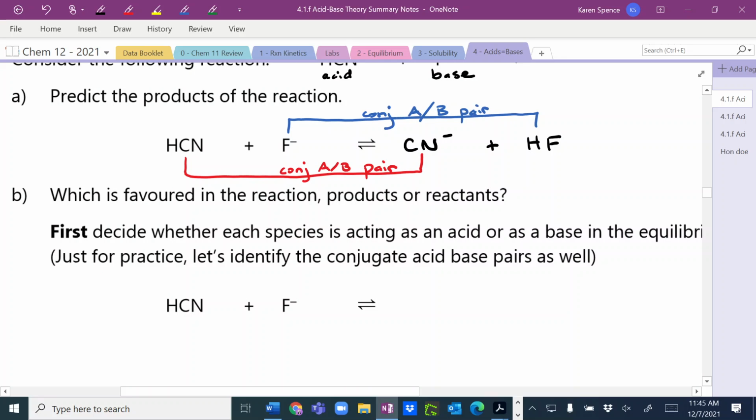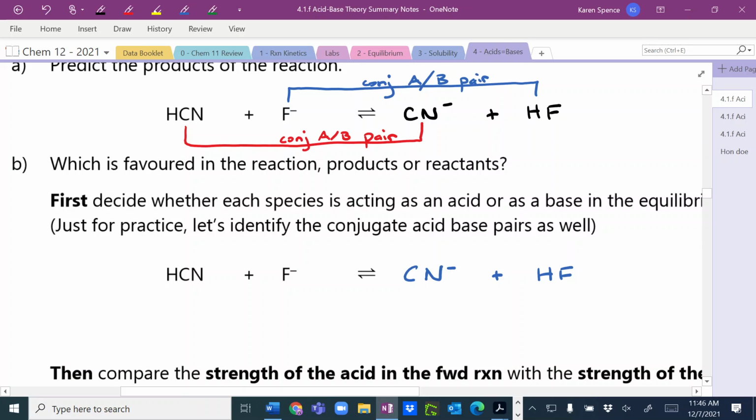Now, we're going to try to identify whether the products or reactants are favored. Okay? So here we have, I'm just going to rewrite this down here, CN minus plus HF. We are going to do this by labeling each species as either an acid or a base.